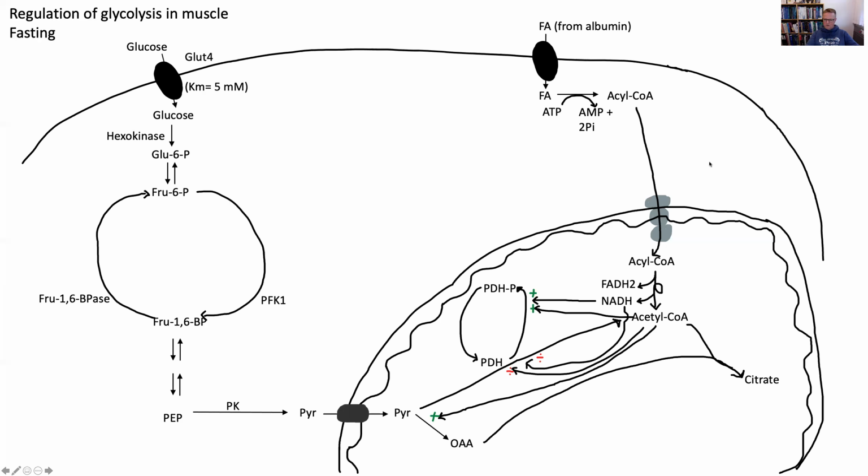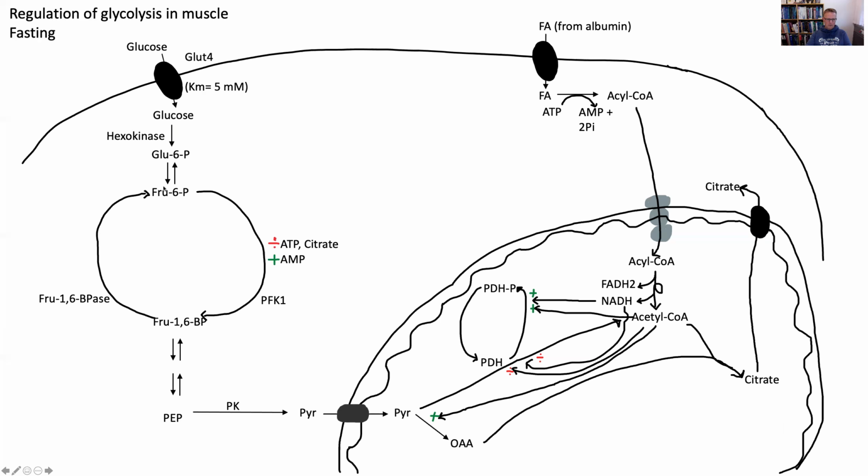So once the fatty acids enter the myocyte and are oxidized in the mitochondria, the acetyl-CoA level will increase, and so will the oxaloacetate level. This will result in an increase in the citrate concentration, which can be transported out of the mitochondria and then actually result in inhibition of the phosphofructokinase 1, which of course will result in an increase in fructose 6-phosphate.